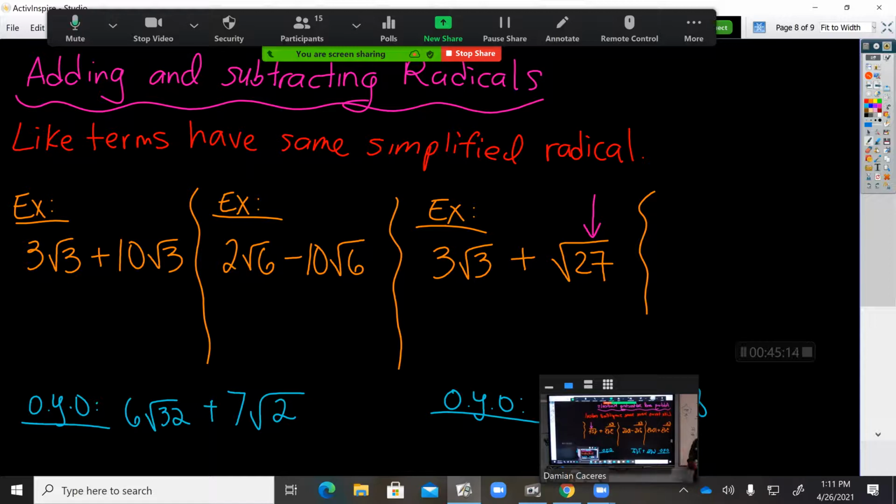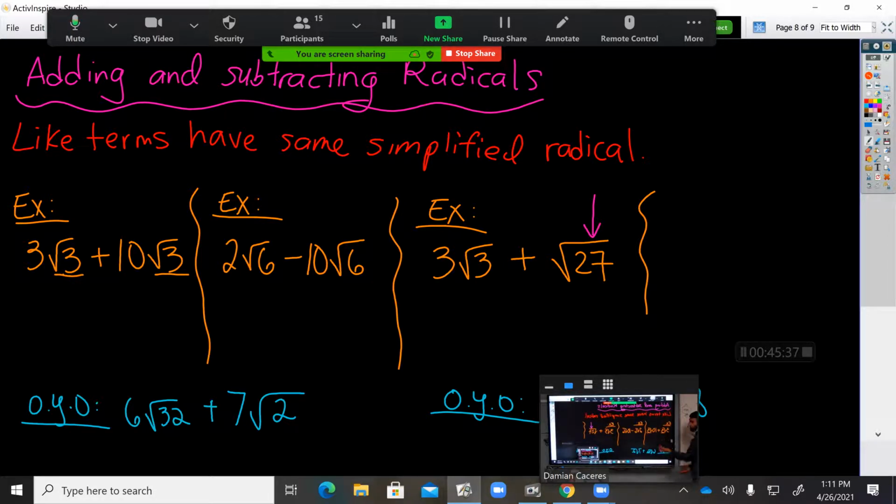Now, this is similar to what we've been doing all year in here. Collect like terms. But the difference is, when you're collecting like terms, you have to have the same variable and the same exponent. In this case, you have to have the same radical. Radical is obviously the square root. So here, we have radical 3, radical 3. Are they like terms?